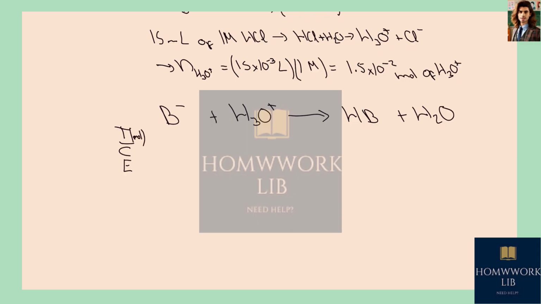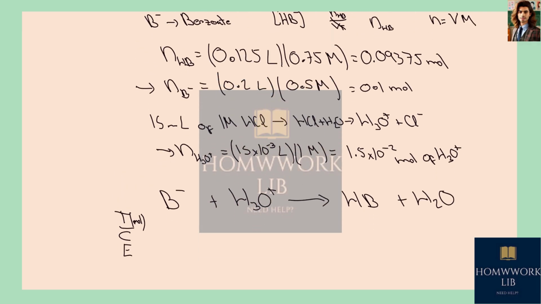Of B minus, I have initially 0.1 mole. This is the easy one. Of H3O plus, I added 1.5 times 10 to the minus 2. And initially of HB, I'm going to have 0.09375 mole.